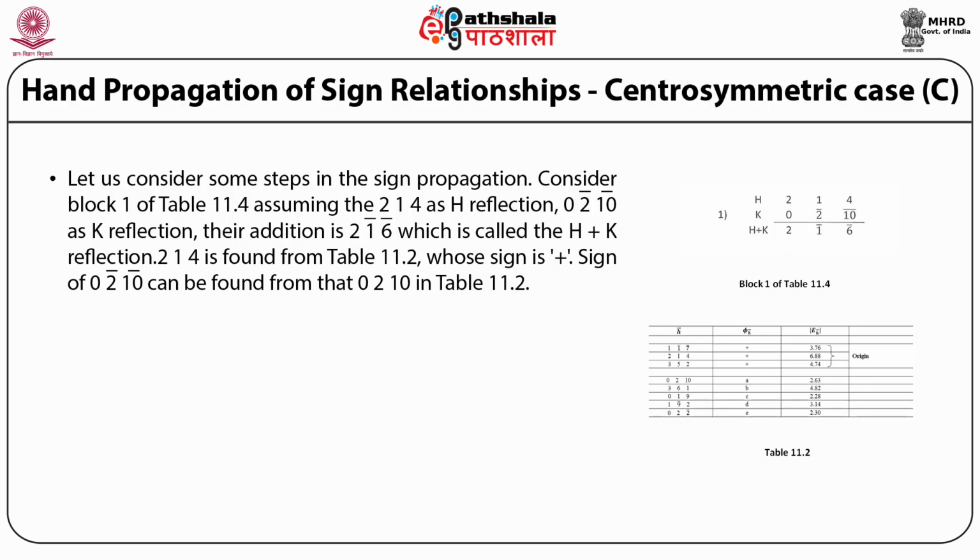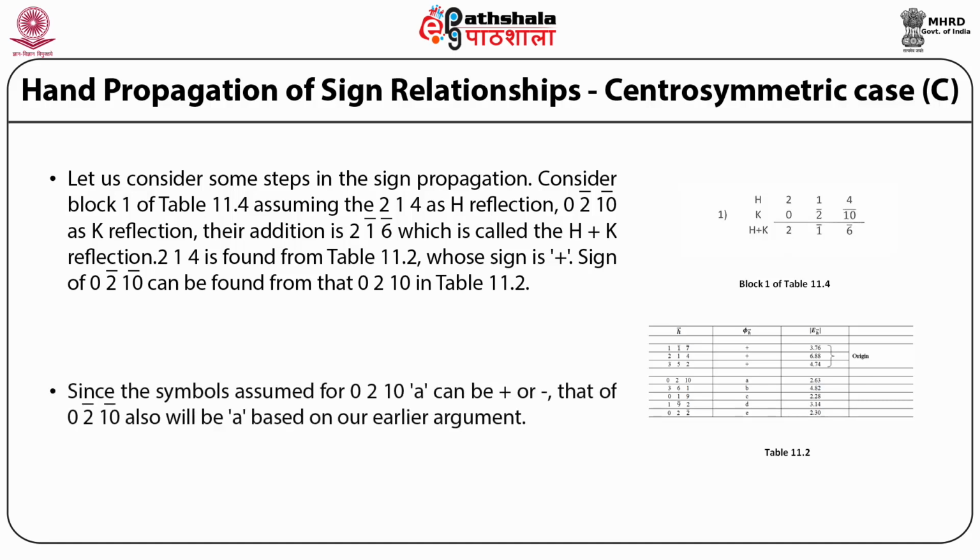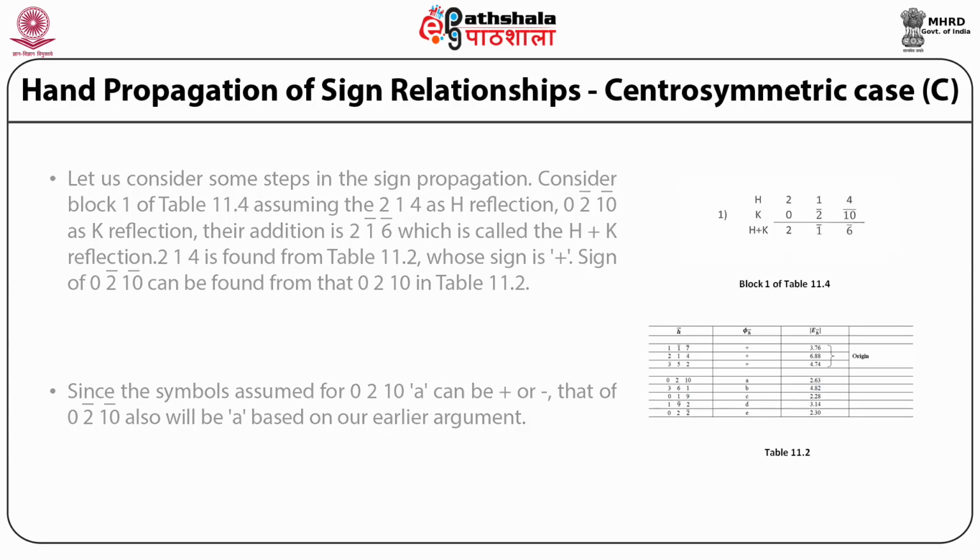Now the question is, if you know the sign of capital H and the sign of capital K, can you get the sign of H plus K? Yes, that is given by Sayre's equation. Now, the sign of 2, 1, 4 is already given from the table as plus, and 0, 2 bar, 10 bar is given as A. So H plus K will be simply plus times A, which is simply A. This is how you get the sign of the new reflection.